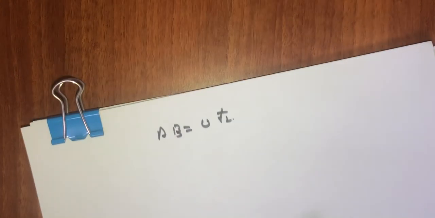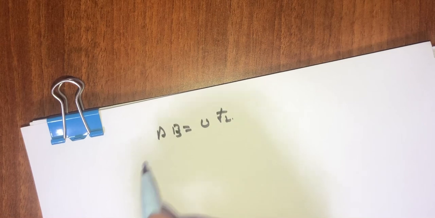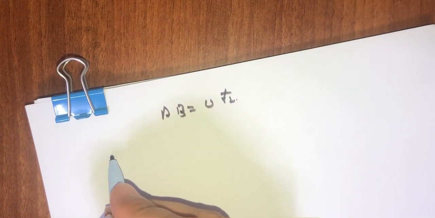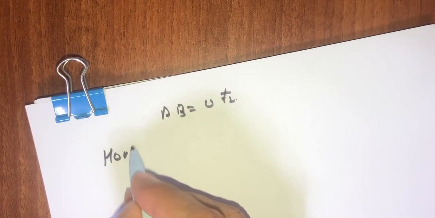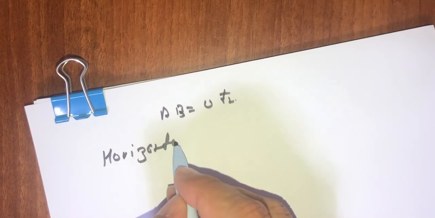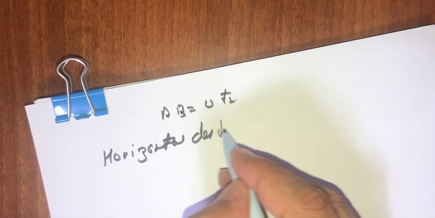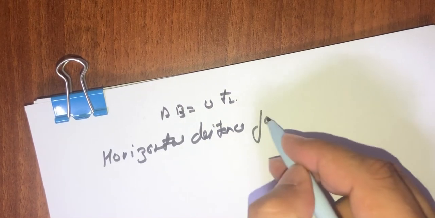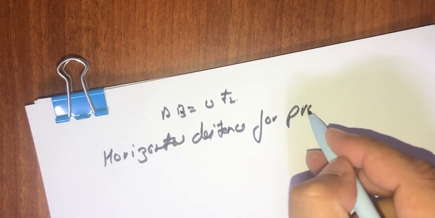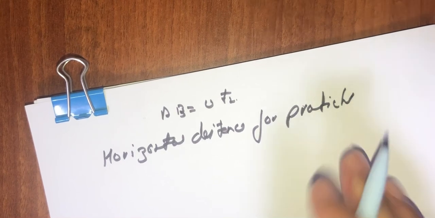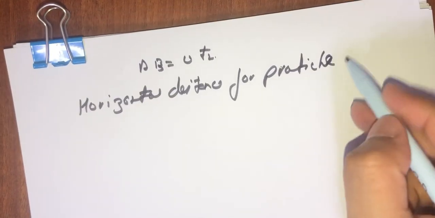We already wrote AB is equal to V multiplied by T2, and AB with respect to projectile motion is the horizontal distance for the projectile, where the projectile in this case is nothing but a stone.